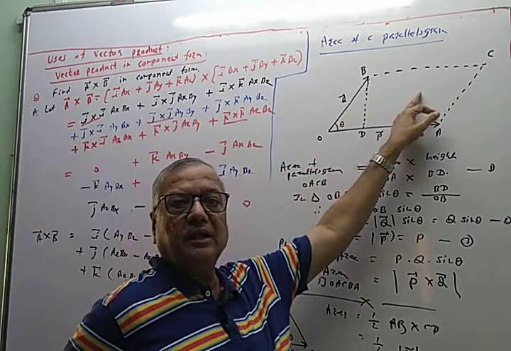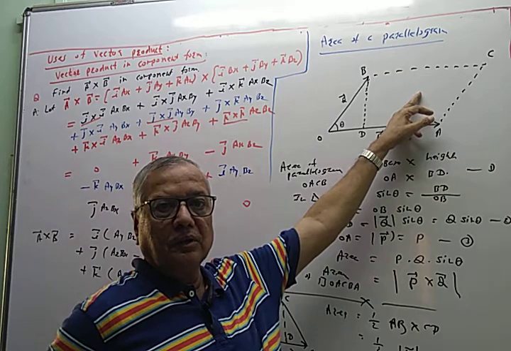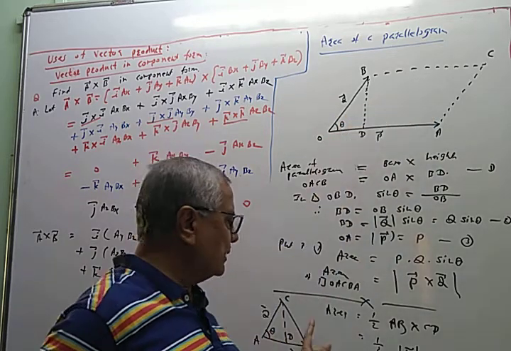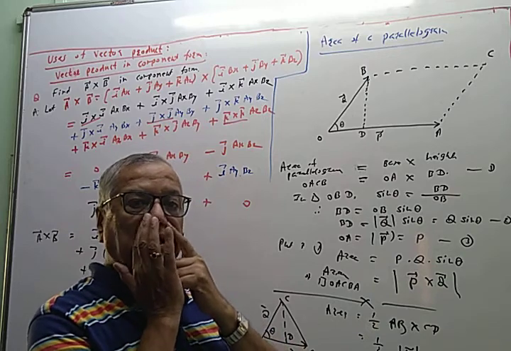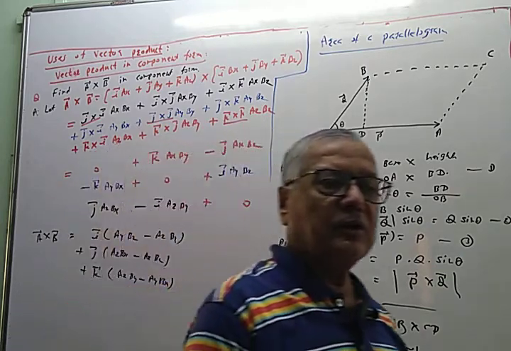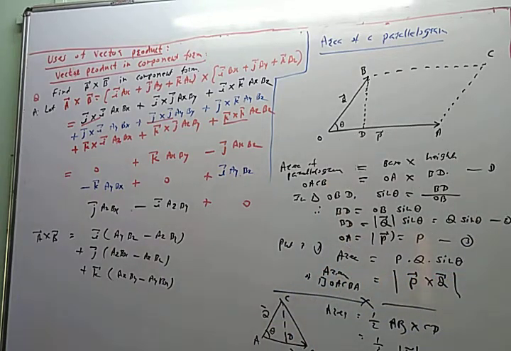We can find the area of the parallelogram if we know the two sides as vector P and Q, or we can find the area of the triangle. So this type of application can be used for calculation of area like this. For triangle and for this parallelogram, we can use this formula like this.